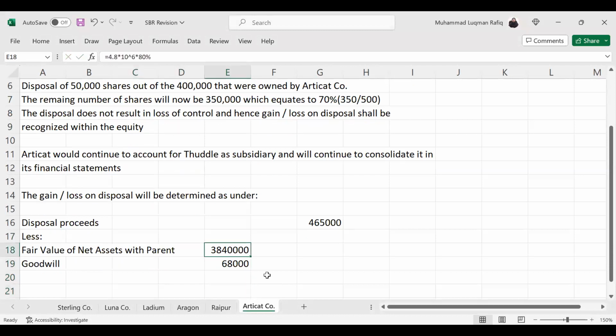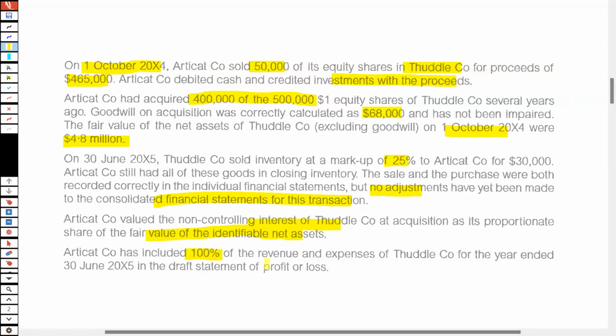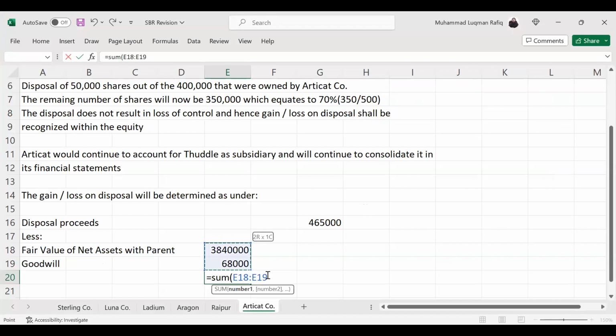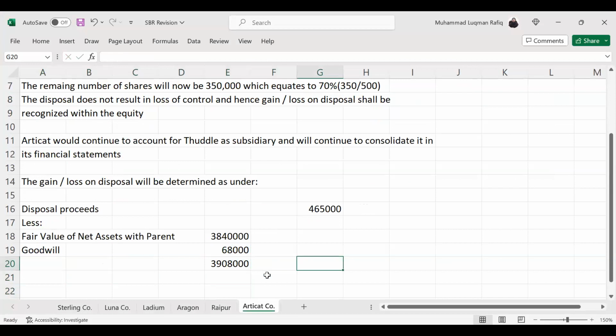Now what are we going to do? The disposal proceeds were this for a 10% shareholding disposal, right? Proportion disposed of is going to be like this: this is divided by 0.8 multiplied by 0.1.